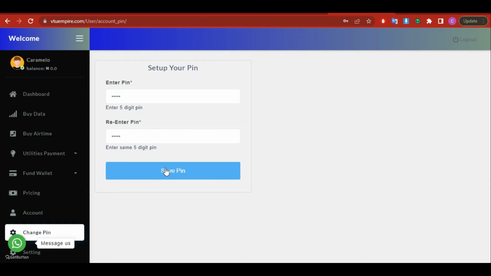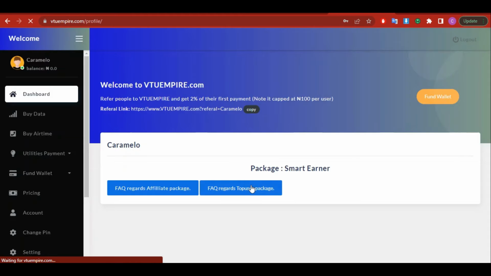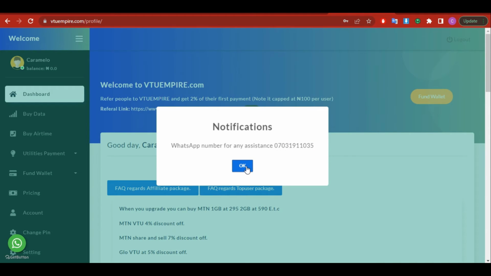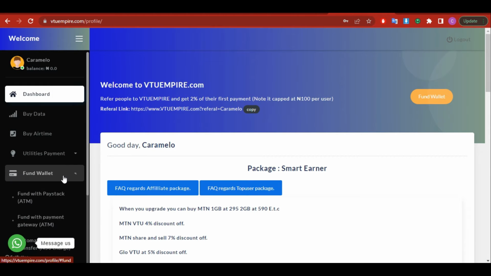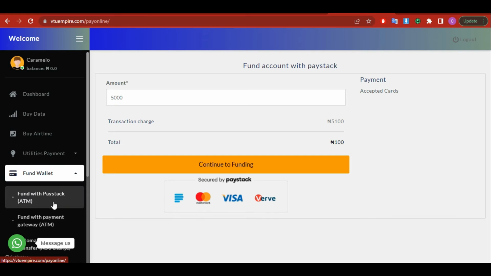You save the pin, and then you can fund your wallet. You can use the Paystack option, put the amount you want to recharge. I'm not going to recharge now. So you can see the charge for Paystack is 100 naira.